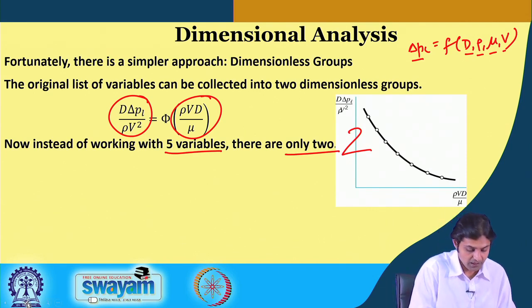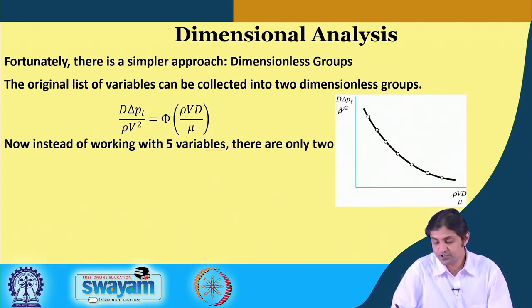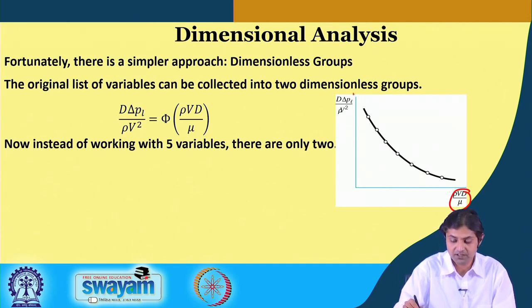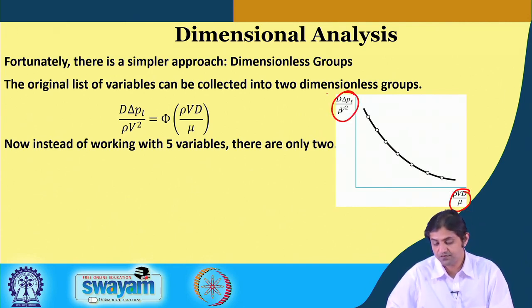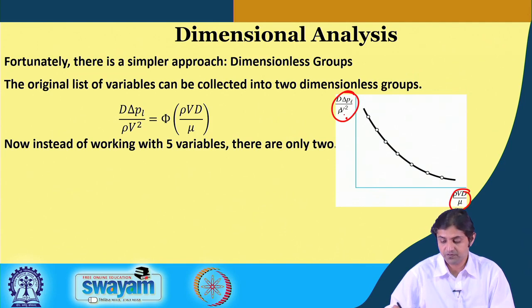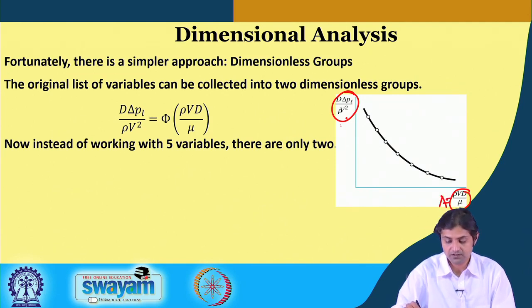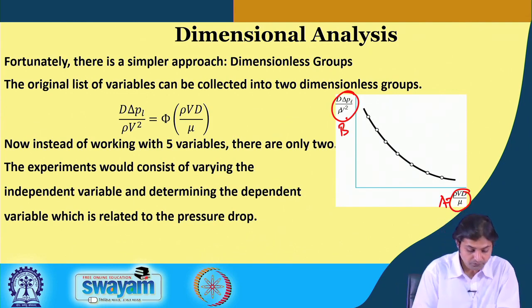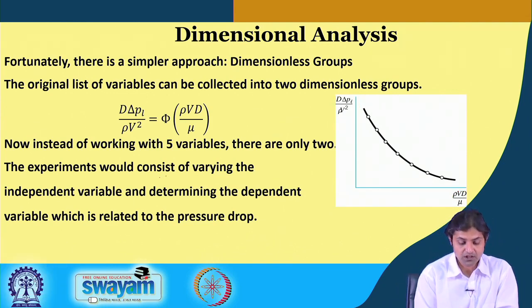Okay. And if we plot the curve between rho V d by mu and d delta PL by rho v square, a graph something like this will come, and there are only two variables, this and this. If we call this A and this B, so it is two variables A and B. Now, if we try to do experiments, the experiments would consist of varying the independent variable.